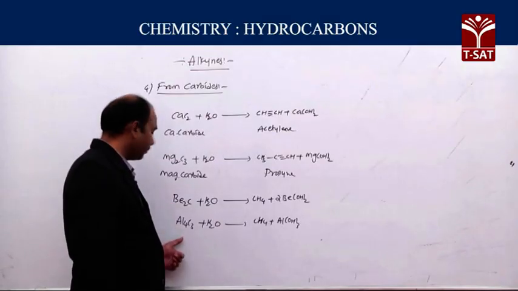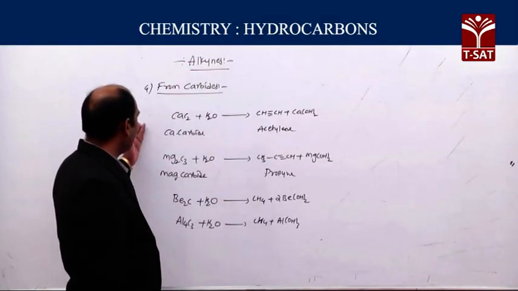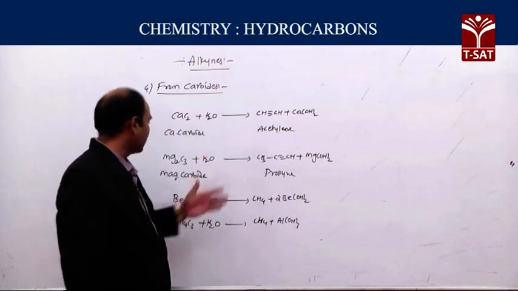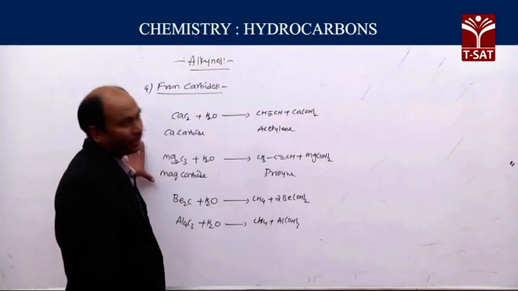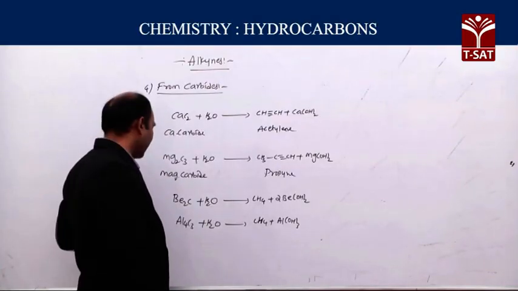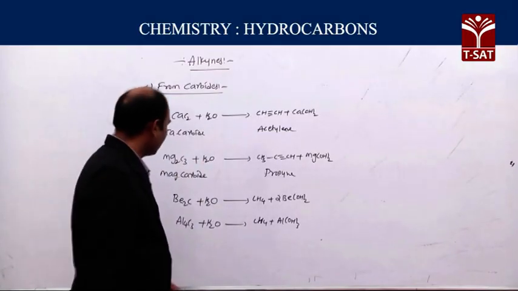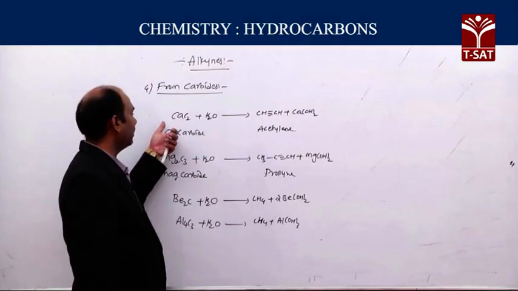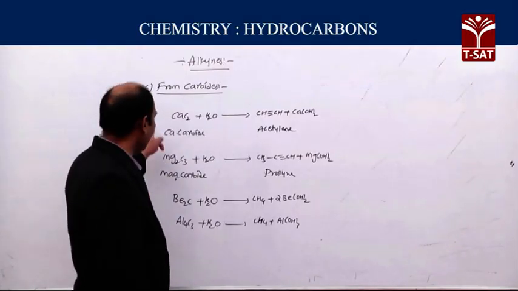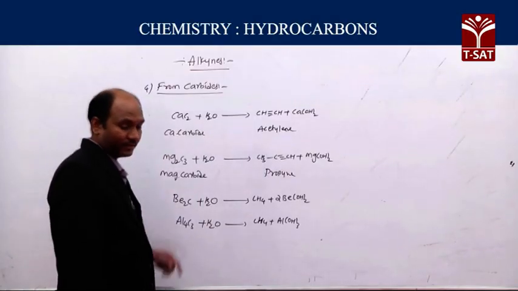Beryllium carbide and aluminum carbide on hydrolysis give methane, whereas calcium carbide gives acetylene and magnesium carbide gives propyne. So carbides on hydrolysis give alkynes as well as alkanes. These two are called methanides, this is called acetylide, this is allylide.